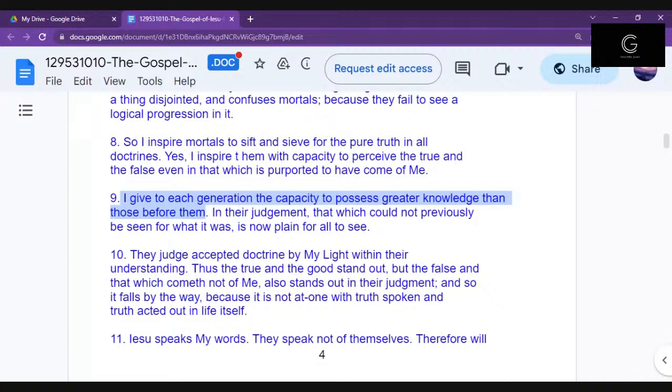Facts. Okay, I can see how that worked. In their judgment, that which could not previously be seen for what it was, is now plain for all of us to see.